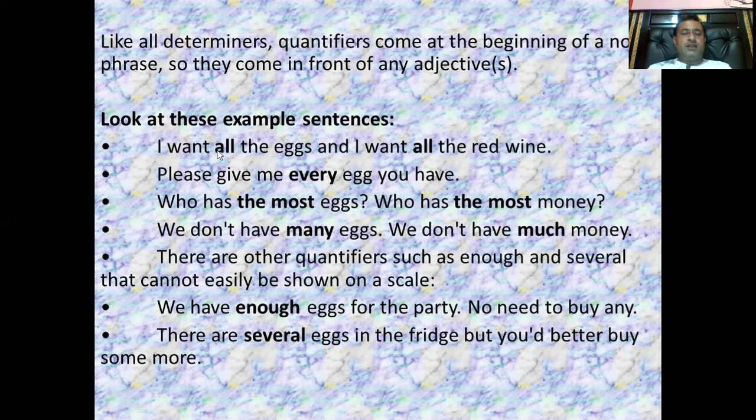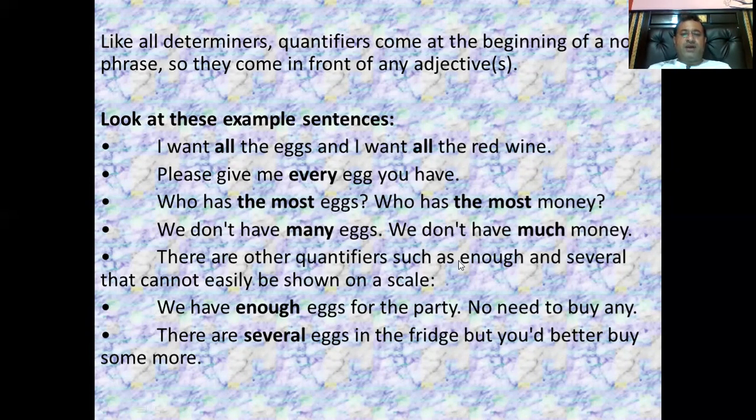Here all is the quantifier, meaning 100%, being used with the nouns eggs and red wine. Please give me every egg you have. Who has the most eggs? Who has the most money? All these highlighted words in these examples are quantifiers, meaning they are all determiners.